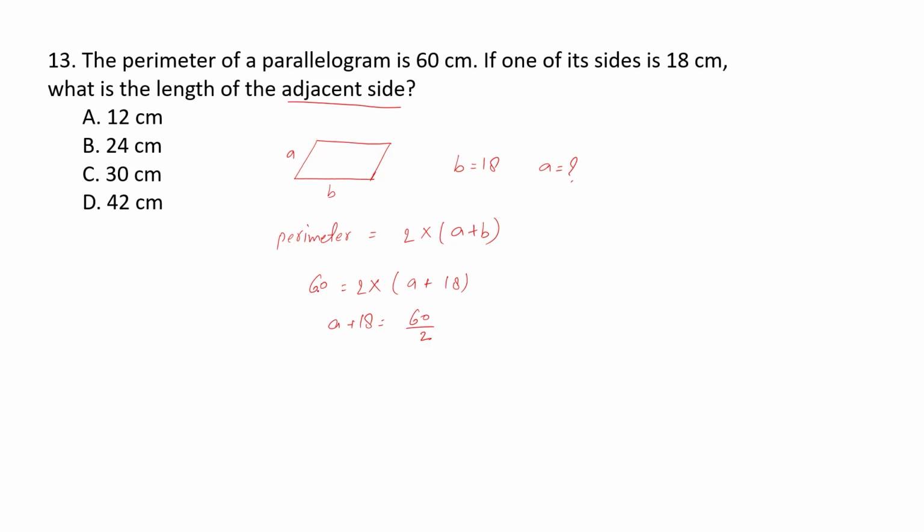So, 2 will go in division on the other side of equal to. It is 30. So, A plus 18 is equal to 30. So, A is equal to 30 minus 18 because 18 was added on the left side of equal to. So, when you take this to other side, it will get subtracted. So, it is 12 centimeter. So, option A is correct.